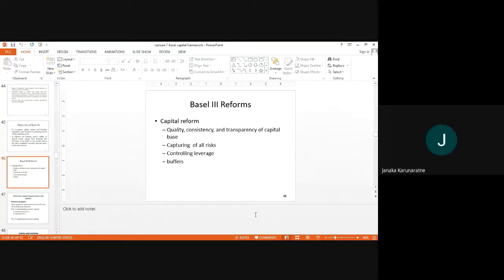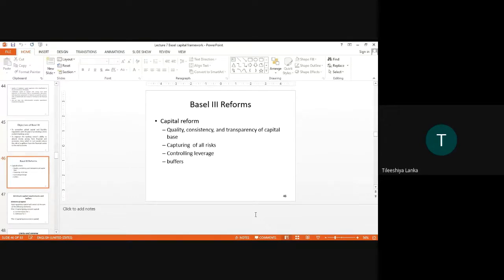Okay, thank you. So what are the capital reforms? Basically, Basel III looked at the quality, consistency, and transparency of the capital base. So importance was given to the quality of the capital, and consistency: capital should be consistent, and the capital structure should be transparent. Because sometimes some capital elements that some banks identify or incorporate may not be transparent or equally acceptable internationally. So it's very important to ensure there is a standard, with transparency of all capital structures, capturing all risks, and also controlling leverage.